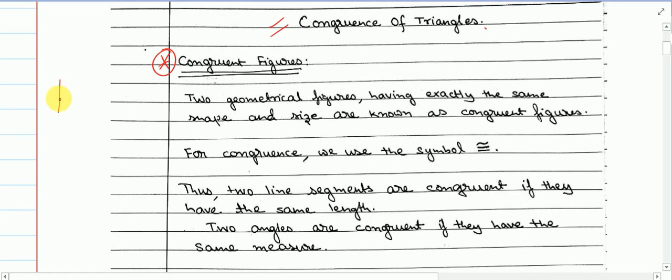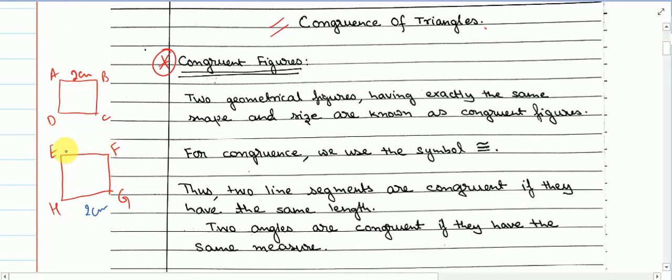Like here I take two squares A, B, C, D. This side is 2 centimeter. And here I take another one, E, F, G, H. This is also 2 centimeter.